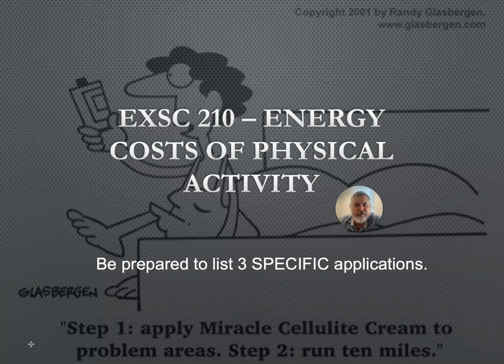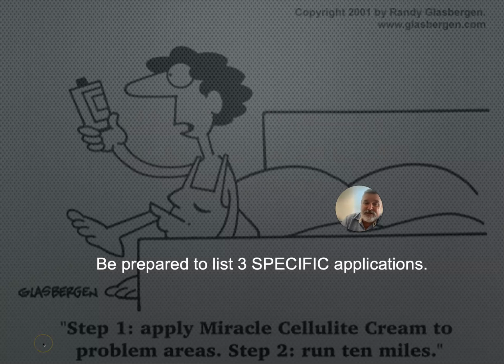Have you ever been on a treadmill? Before I ask this question, can you give me 3 specific applications related to the cost of physical activity? What are 3 reasons or specific applications related to calculations?